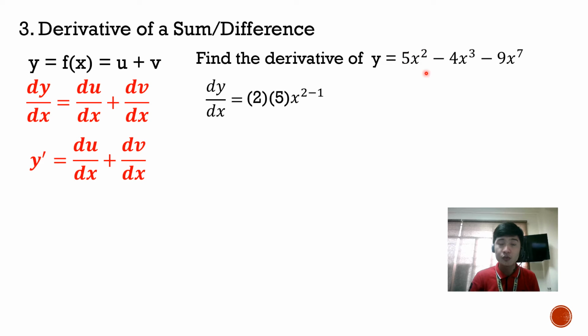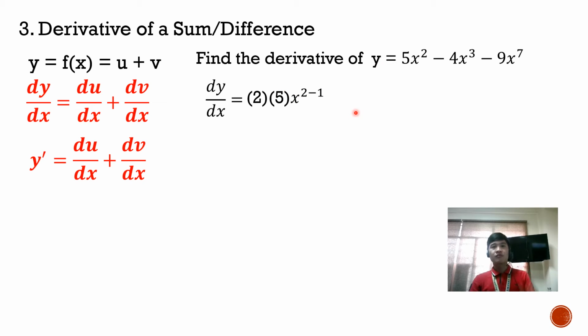Remember the derivative of a power from earlier: you bring down the exponent, then the function itself raised to the exponent minus 1. We put it beside 5 because there is a number here.